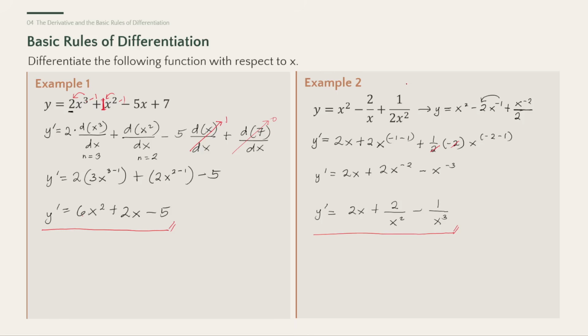Okay? Just be wary of this one. There are problems or terms wherein the variable in the denominator has a coefficient. When you move the term, you only include the variable and exponent. You leave the coefficient on the denominator. Okay? One of the common mistakes.